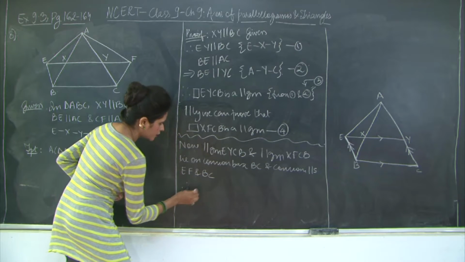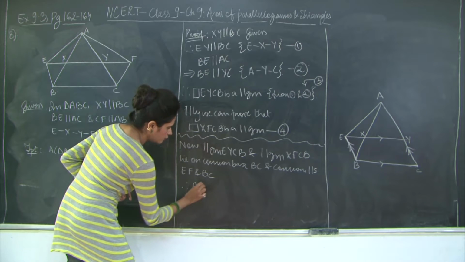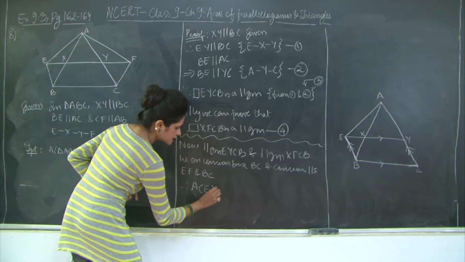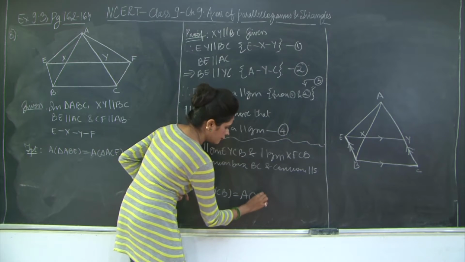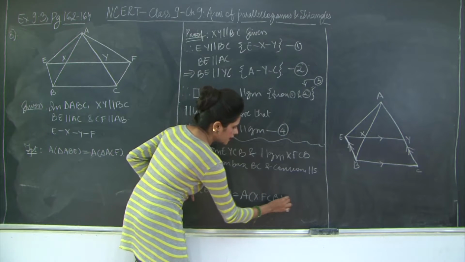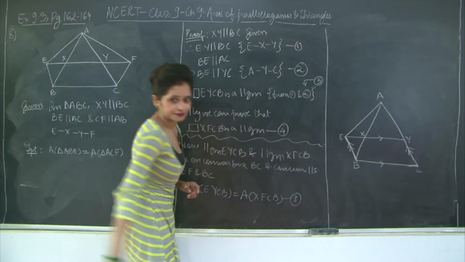Therefore, what can I say? Area of EYCB is equal to area of XFCB. Let's mark this as 5. Okay.